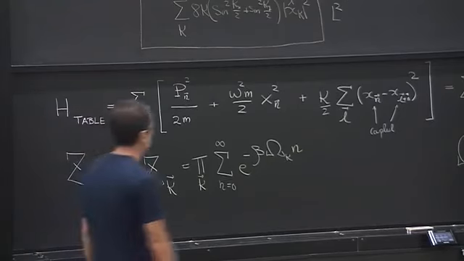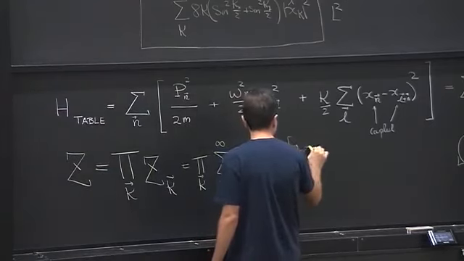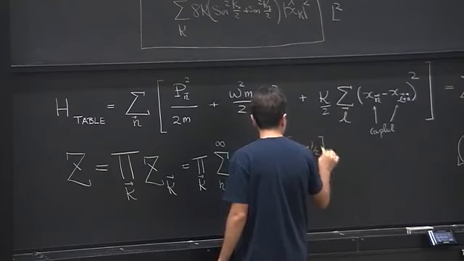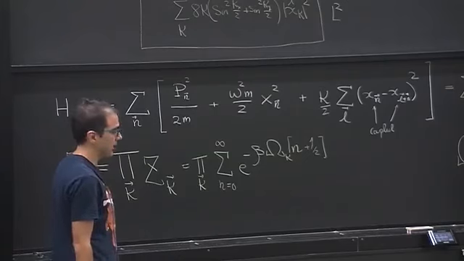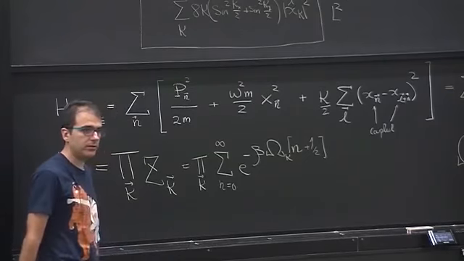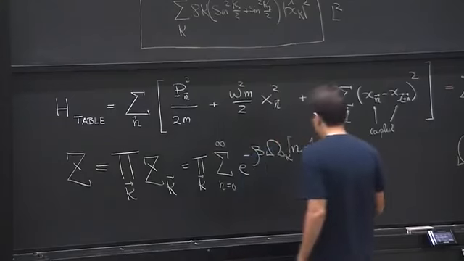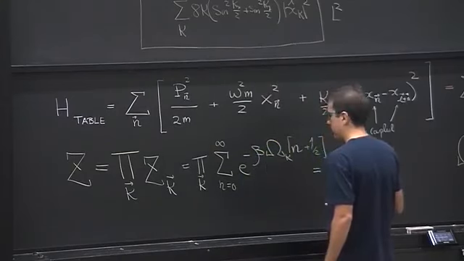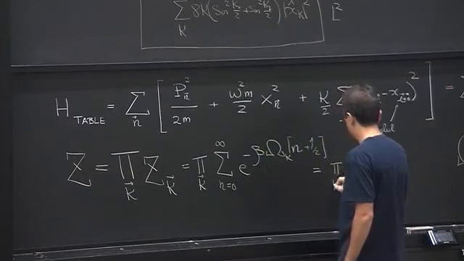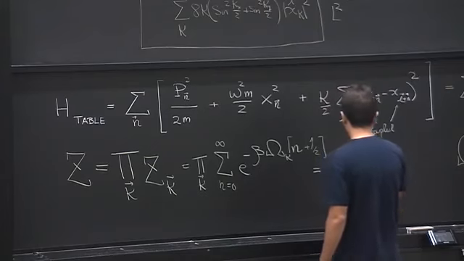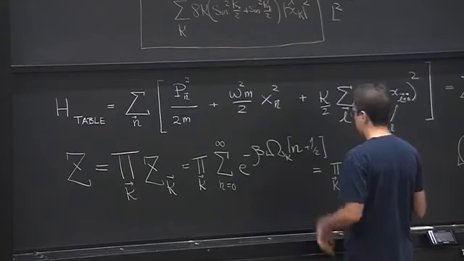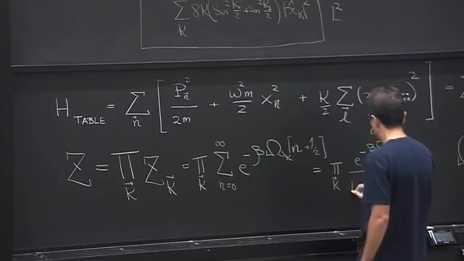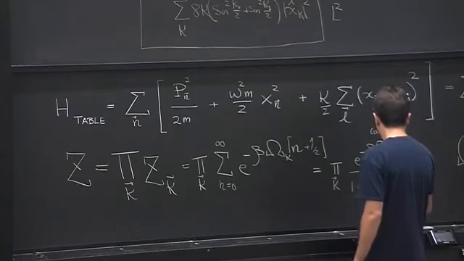Well, in fact, if it's a harmonic oscillator, there is a 1/2 as well. But this 1/2 is irrelevant, as we will see, because we want to study a classical table, so we don't care about constants. And this becomes the product over k of e to the minus beta omega k over 2, that's from the 1/2, and then from the geometric sum, 1 over 1 minus e to the minus beta omega k.